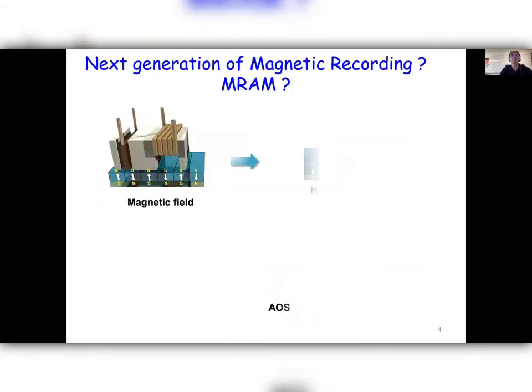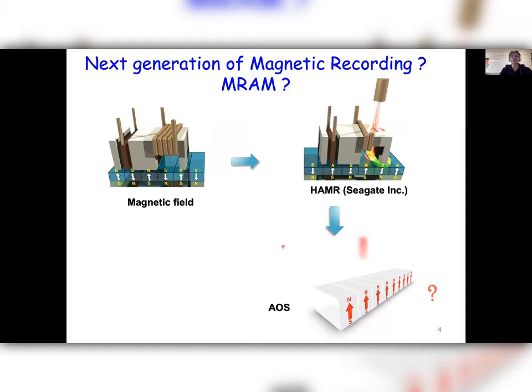It's also interesting for applications, because if we look at magnetic recording, right now it is using a magnetic field, but in order to improve the data storage density, new methods need to be used, and Seagate is proposing heat-assisted magnetic recording, where already in the hard disk, a laser is heating up the system.